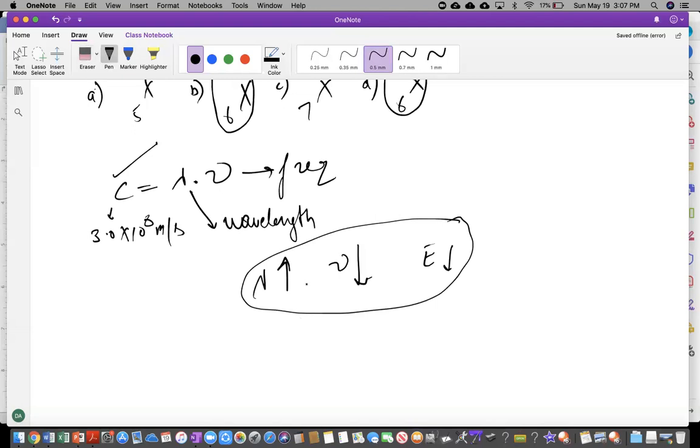Or what happens to energy? Let's say the question says if I increase the wavelength, then what's going to happen to the frequency? Will it decrease or will it increase? It'll decrease, right? They are opposite. So if my wavelength is increasing, frequency is decreasing. Okay? I could ask you something like that on your test.